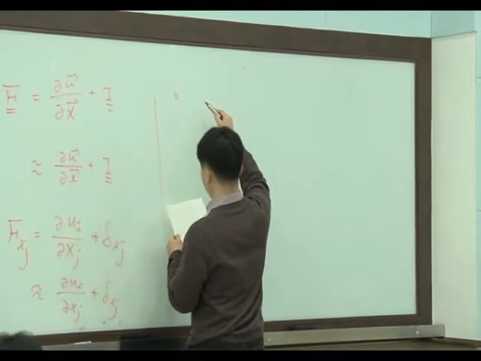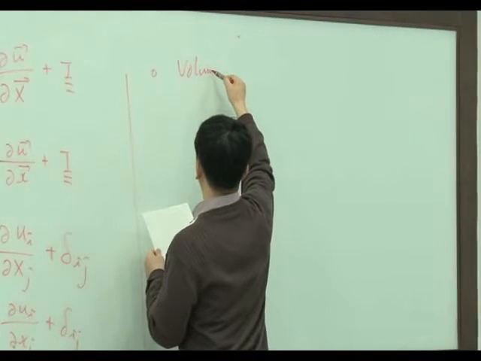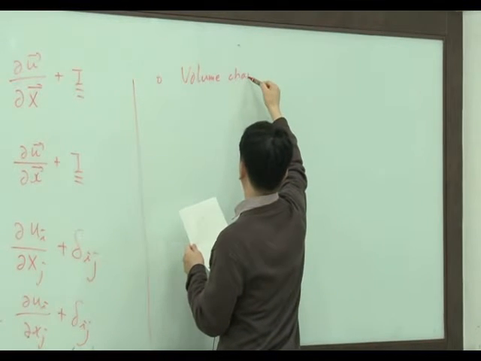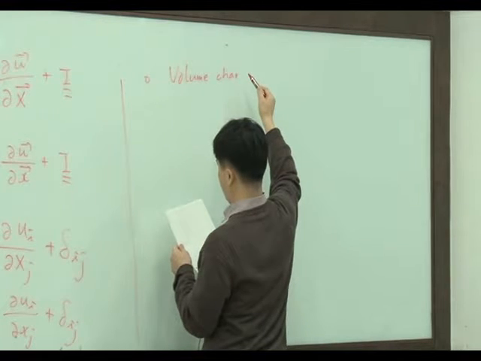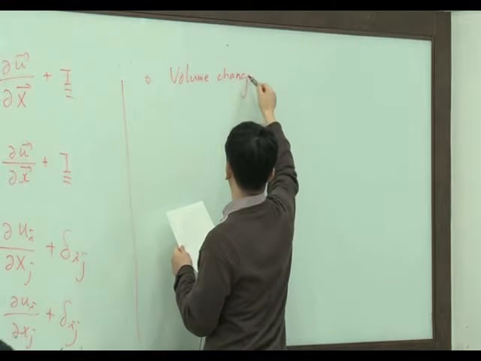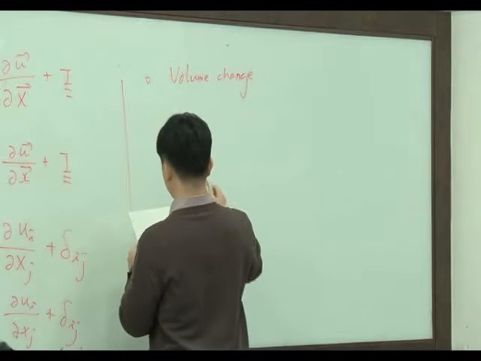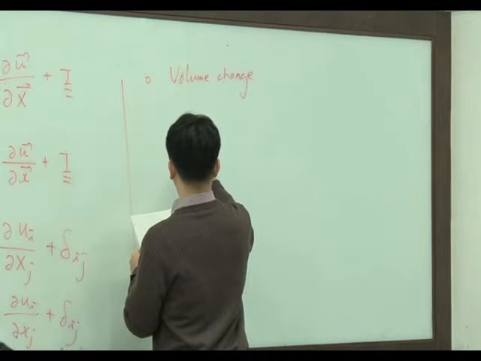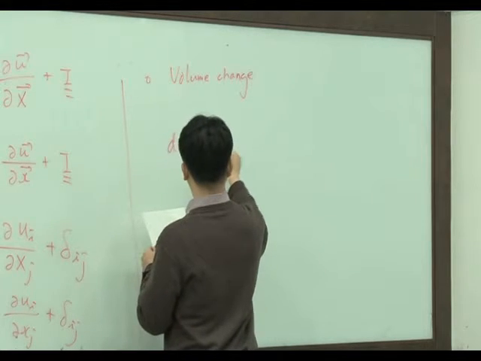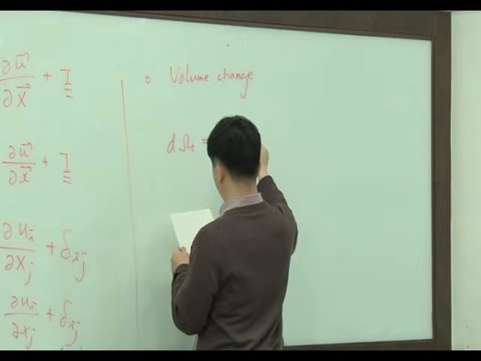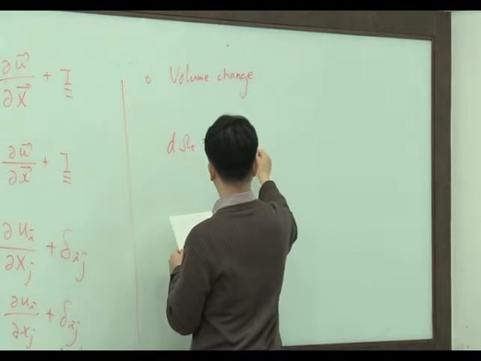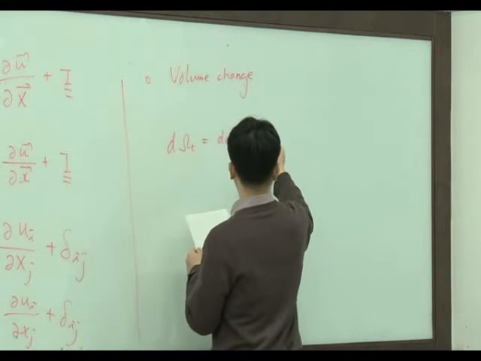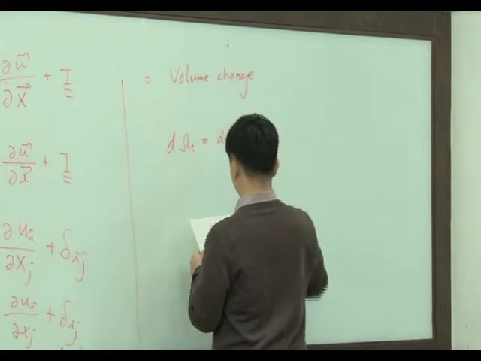Volume change in finite deformation theory was determinant F d omega 0.